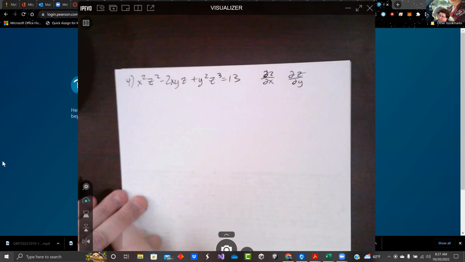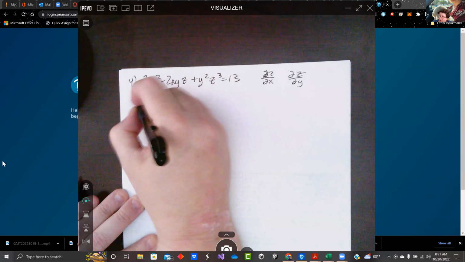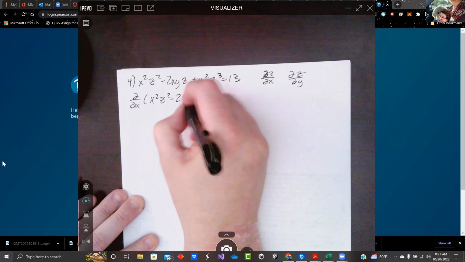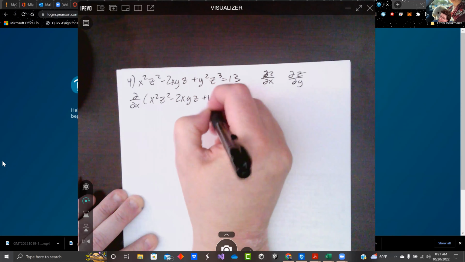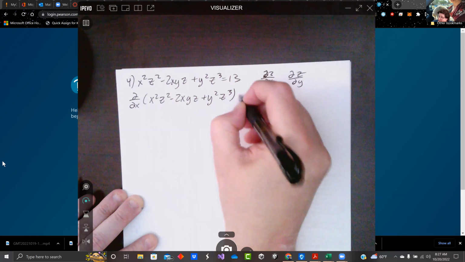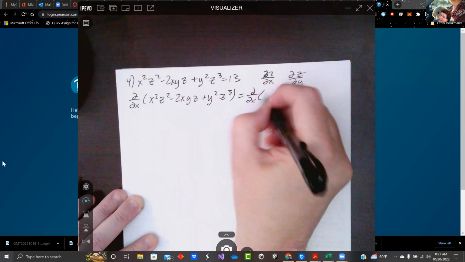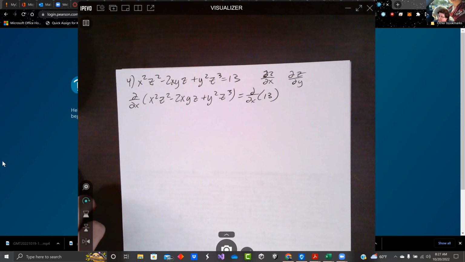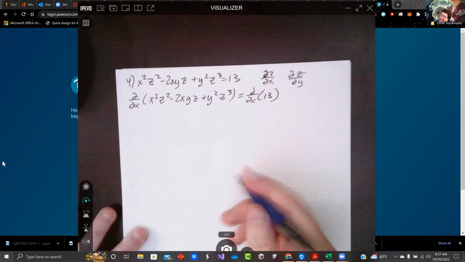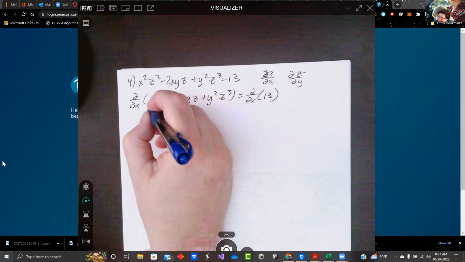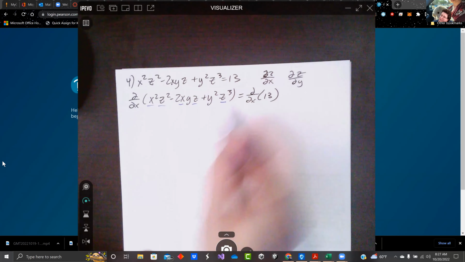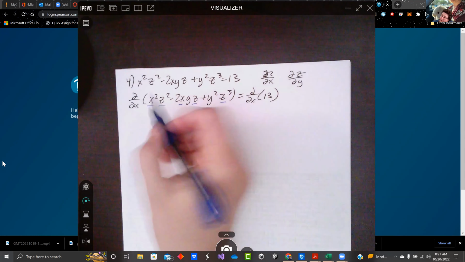So what we're going to do is take d/dx of that whole equation to find dz/dx. We're assuming z is a function of x, so that needs to get hit, that needs to get hit, those need to get hit. So we got a product rule in the first one.